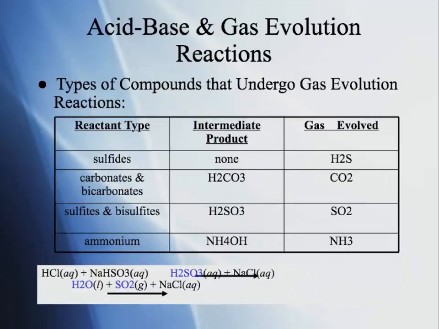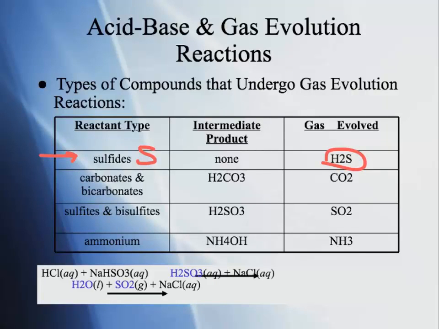All right, so here is another chart to help you figure out if there's going to be an intermediate product involved with this gas evolution reaction. So, for example, sulfides. Now that's just regular S, right? S hooked up with something. There's no intermediate. Okay, the gas formed is always going to be H2S. Okay, always, if there's a gas formed from it.